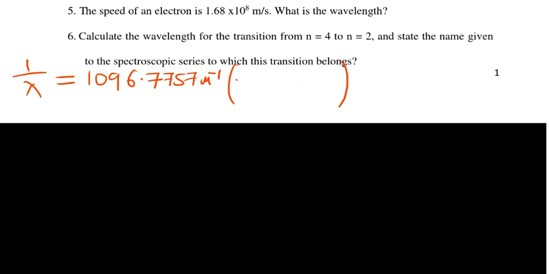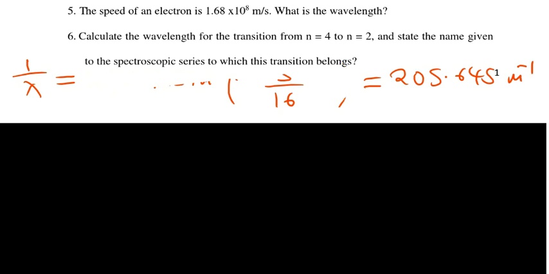So 3 over 16 multiplied by 1096.7757 gives 205.645 meters negative 1. So this is equal to 1 over the wavelength.